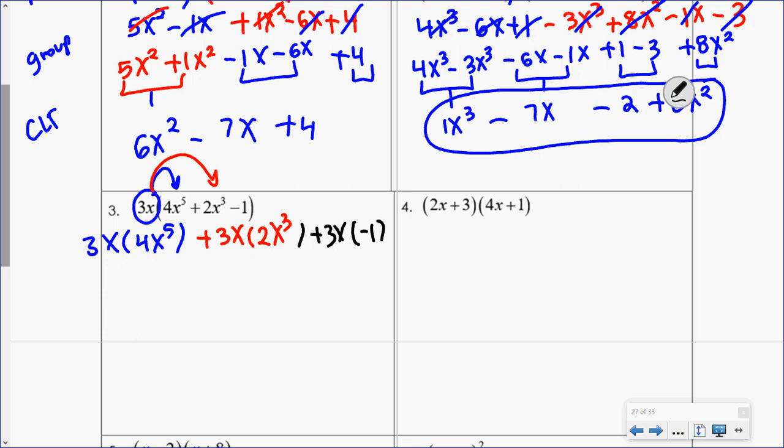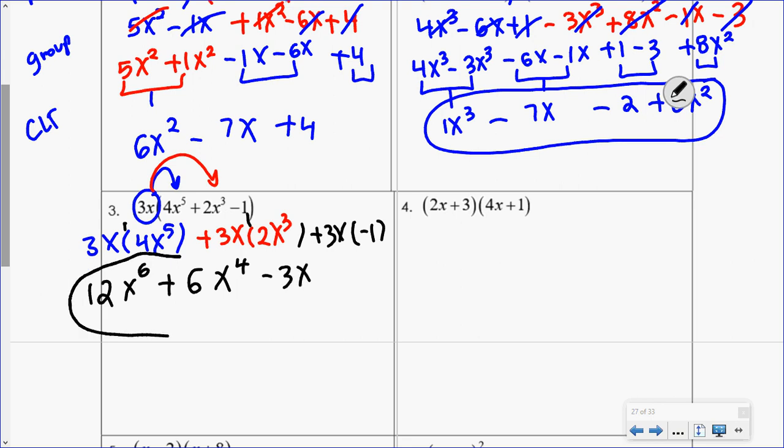So 3 times 4 is 12. I have 1x here. 5 more gives me x to the 6th. Plus 3 times 2 is 6. 1x here plus 3 more is x to the 4th. And then 3 times negative 1 is negative 3, and x just comes down.